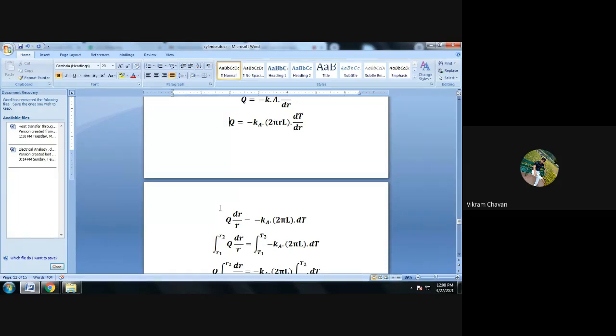The radius variable is on one side and the temperature variable on the other side, so it will be easy to integrate the equation.